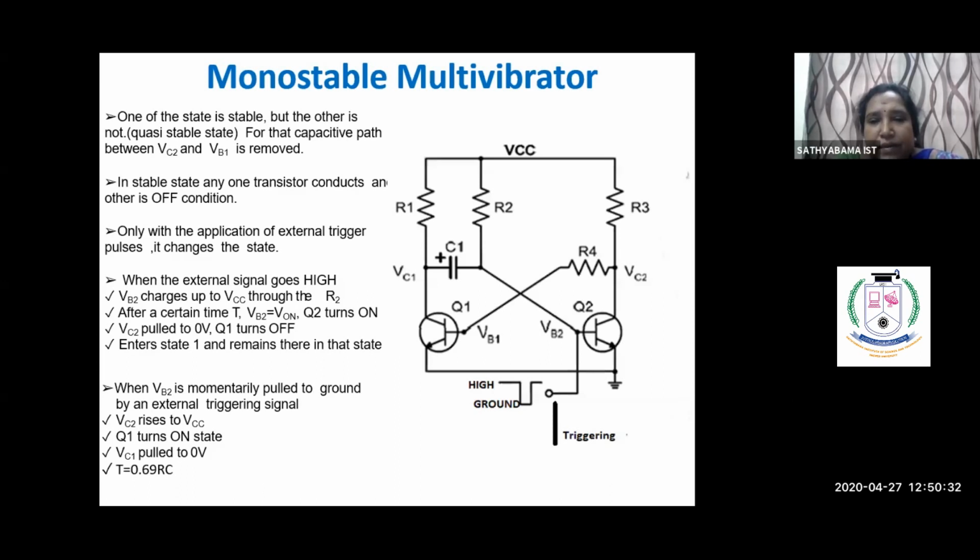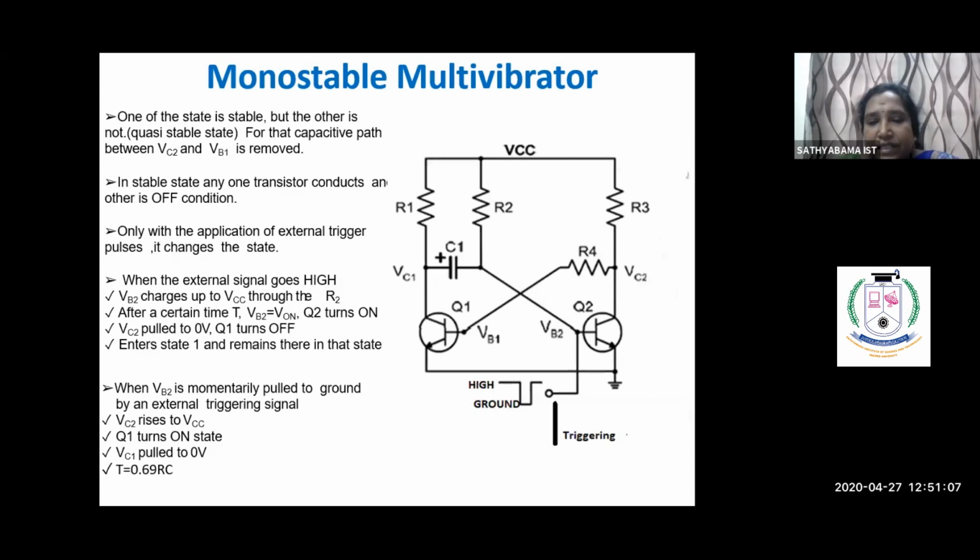That's why one of the coupling paths is removed here. Looking at this diagram, the Q2 output VC2 coupling is removed, and we have only one coupling, in the Q1 transistor. The Q1 output VC1 is coupled through the C1 capacitor to the base VB2.